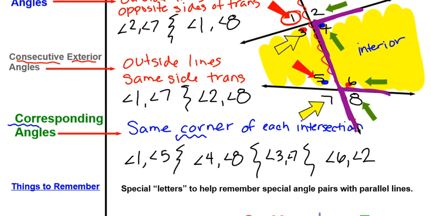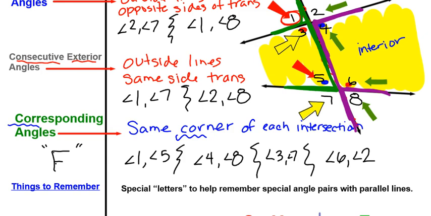I could also look at maybe angle 1 with angle 5, and what letter does that make? And if you look at that closely, those make F. They are in the same corner right there, those two letters of the F. So hopefully that can help you remember.